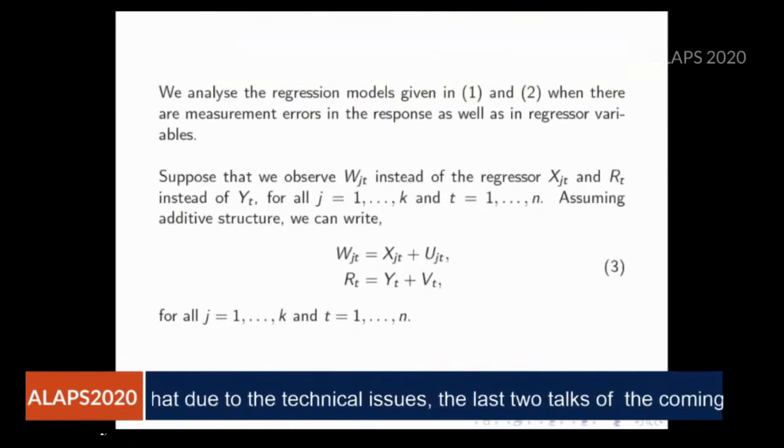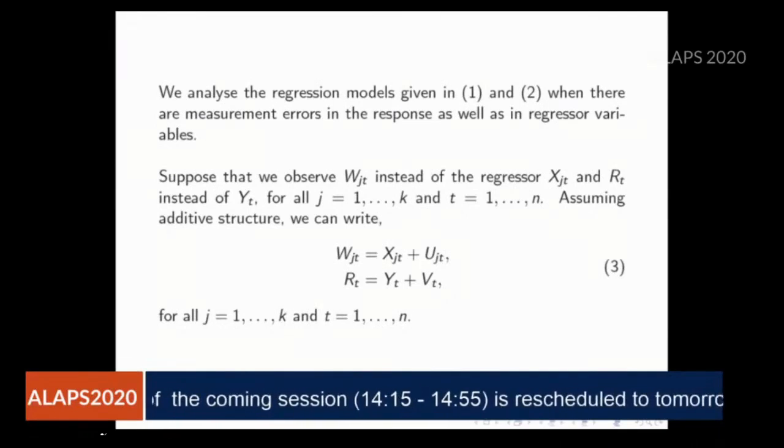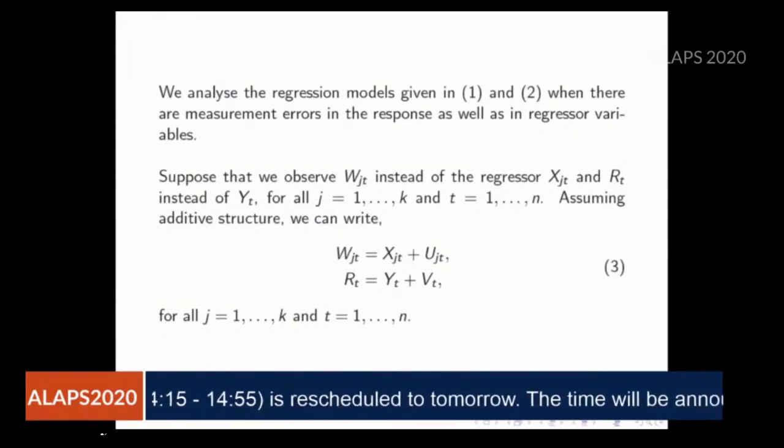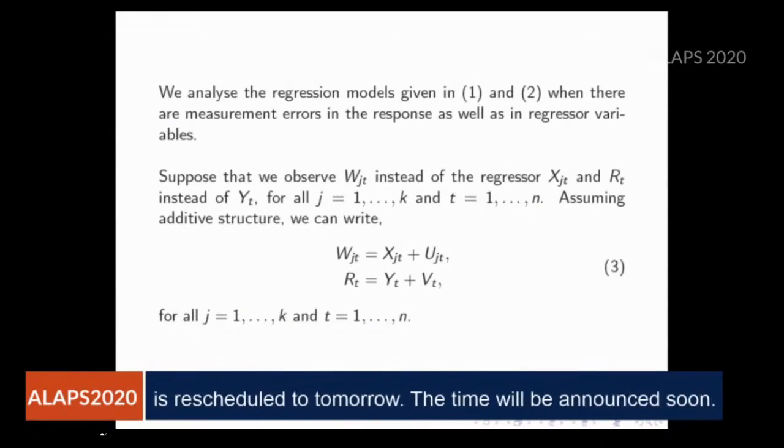We analyze the regression models given in equations 1 and 2 when there are measurement errors in the response as well as in the regressor variables. Suppose that we observe a surrogate instead of the true regressor variable x_jt.